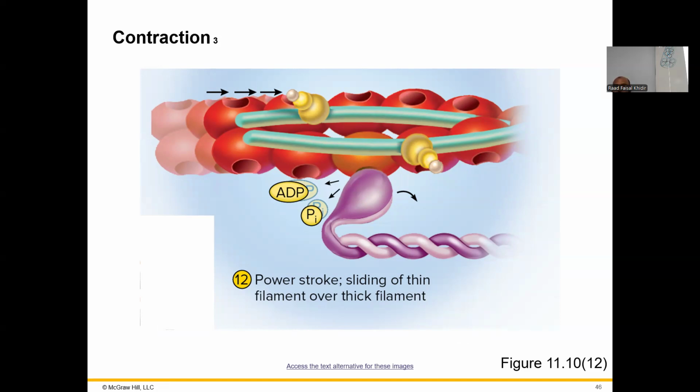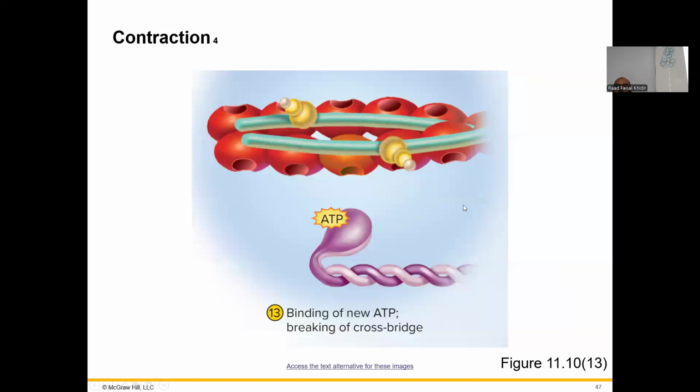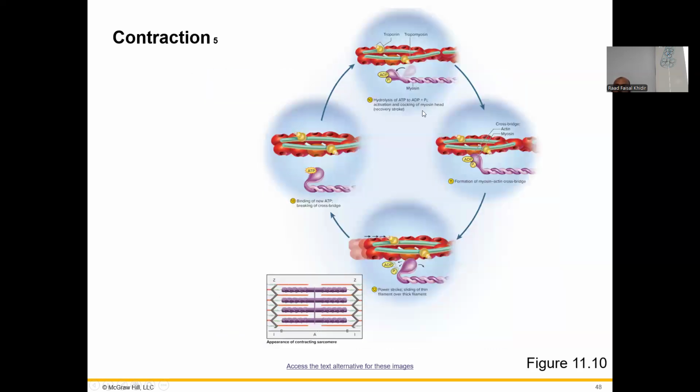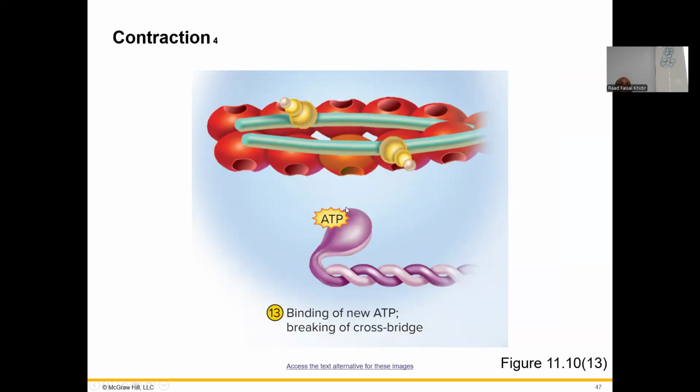Then the binding of new ATP would break the cross bridge. So that's our cycle. It is the ATP that causes the relaxation and the breaking of the cross bridge.